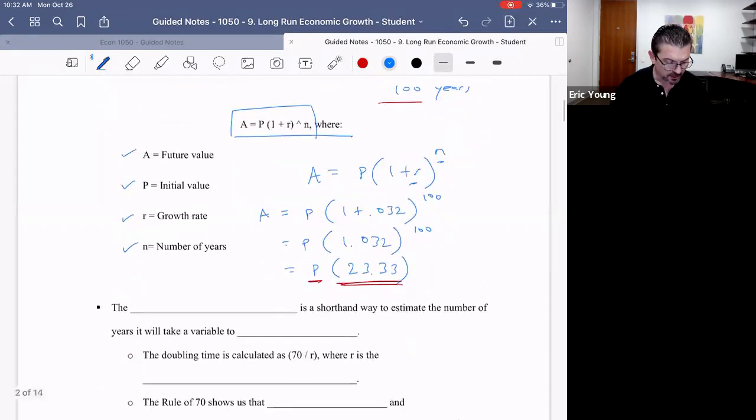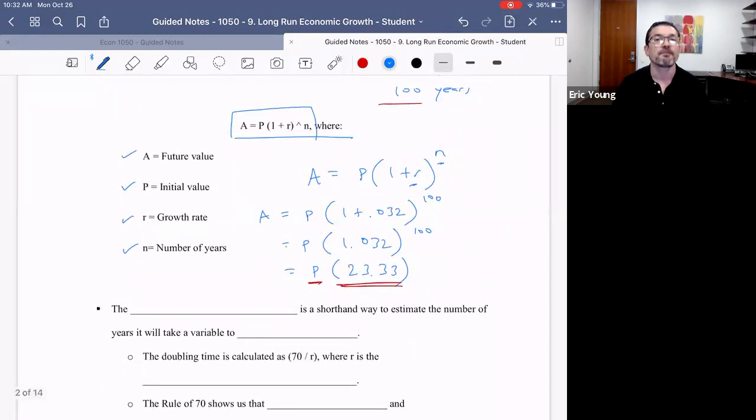Okay, so that's a compounding formula, pretty handy. Another handy formula, a little shorthand trick, is what's known as the rule of 70. The rule of 70 is a shorthand way to estimate the number of years it will take any variable to double.